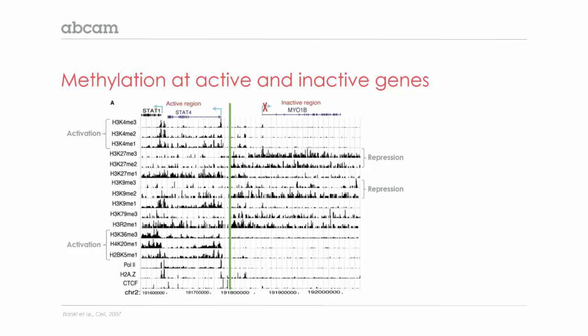You can see that activating histone marks, such as H3K4 methylation at the top left, are present at the active genes, especially at the gene promoters, but are absent from the repressed gene. Similarly, if you look at marks of repression, such as H3K27 and H3K9 di- and trimethylation, you can see that these modifications are found along the inactive MYO1B gene.